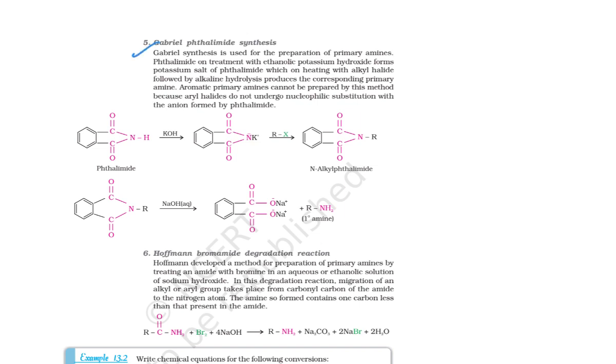So Gabriel synthesis is used for the preparation of primary amine. Phthalimide on treatment with ethanolic potassium hydroxide forms the potassium salt, then phthalimide, which on heating with alkyl halide followed by alkaline hydrolysis, produces the corresponding primary amine. So aromatic primary amine cannot be prepared by this method.